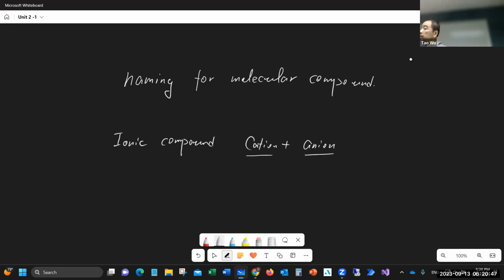That's why the cations and anions combine together. As long as we know the charge, we can balance the compound. So when you see an ionic compound, you always see an empirical formula, which means the ratio is always a simplest ratio. So this is an empirical formula, but also is the formula for itself.